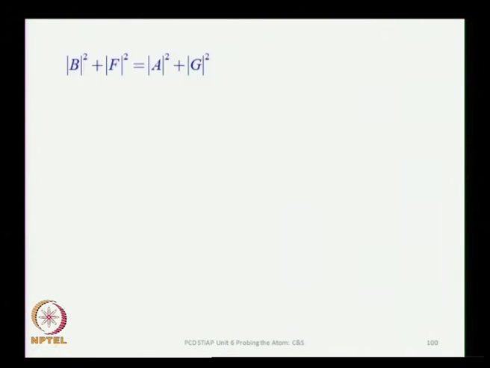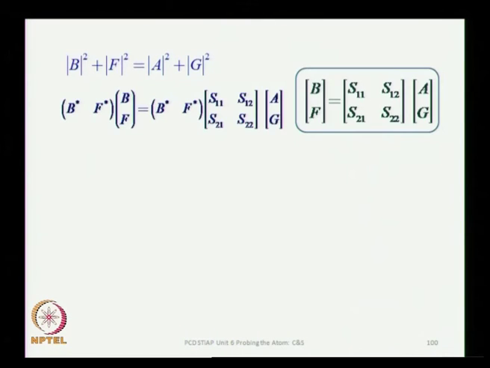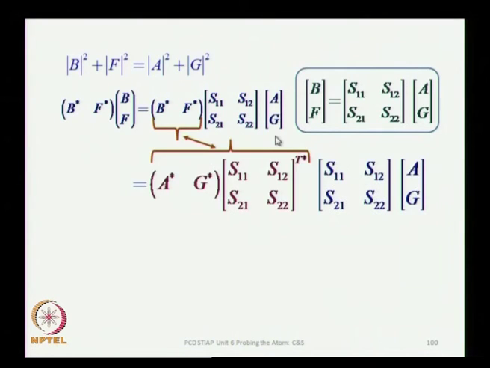Now, since B and F are written in terms of A and G through the scattering matrix, you construct this matrix multiplication. This is the complex conjugate and transpose of BF. This BF is written in terms of this S matrix. So, this is the S operator, the S matrix operating on this column matrix AG. B star F star is nothing but this, okay.